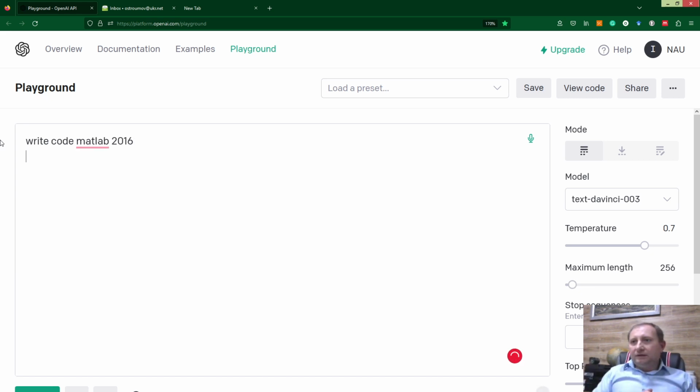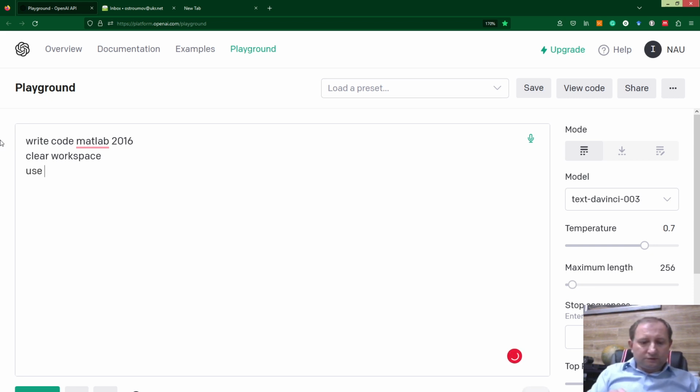As usual, at the beginning we need to specify clear workspace. Yep, it's usual. Then, because it will be navigation equations, we need to use symbolic. I think it will be enough.